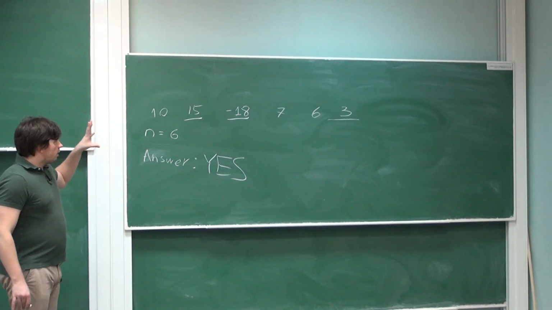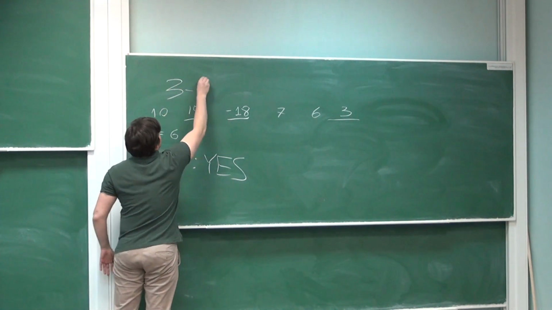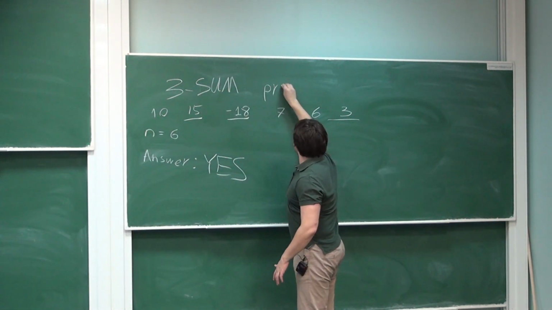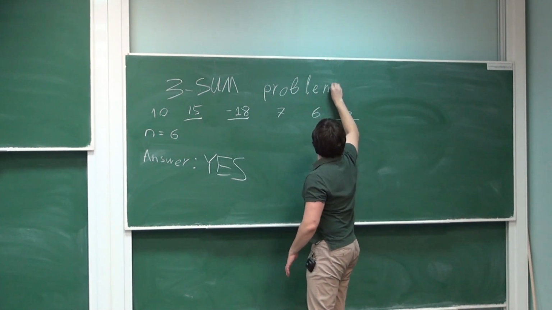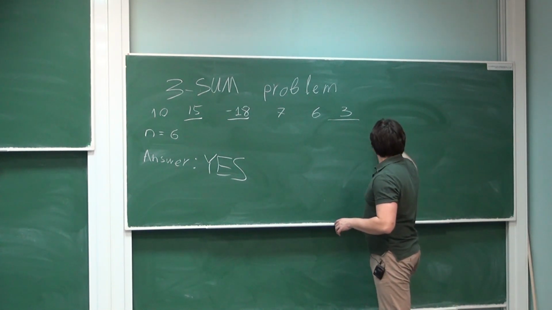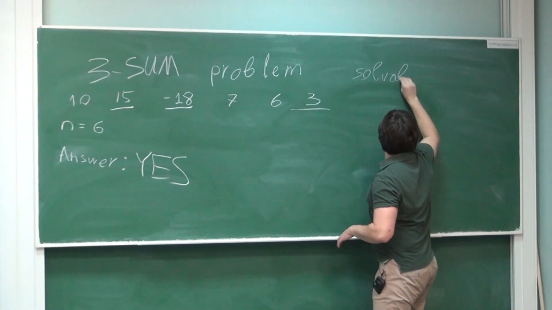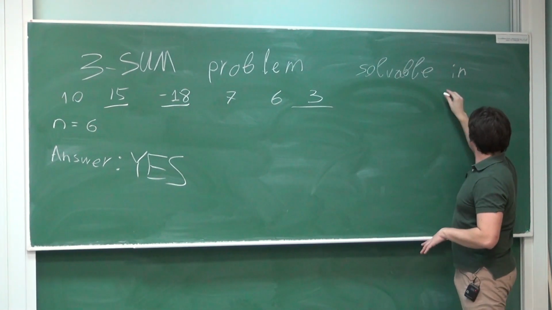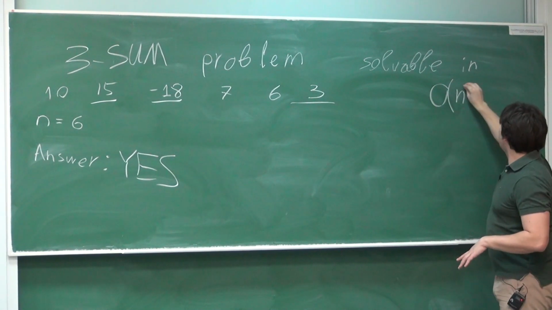So this problem is called the 3-sum problem. And we know that it is solvable in order of n cube.